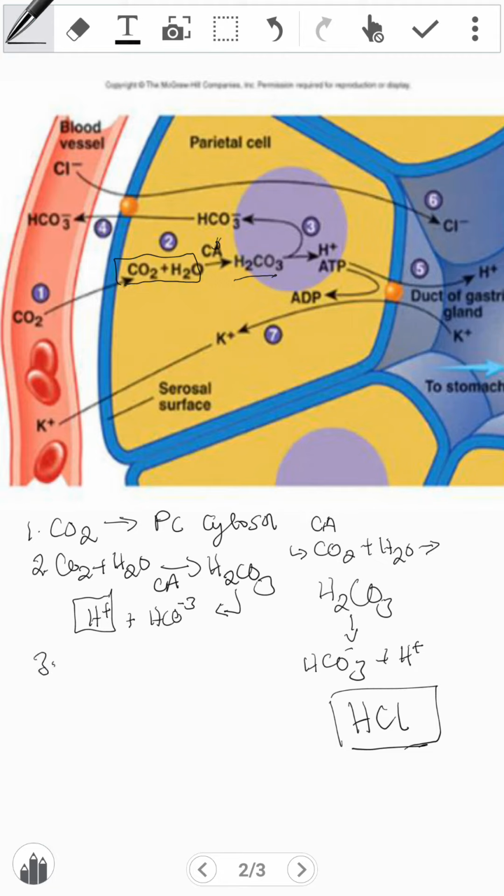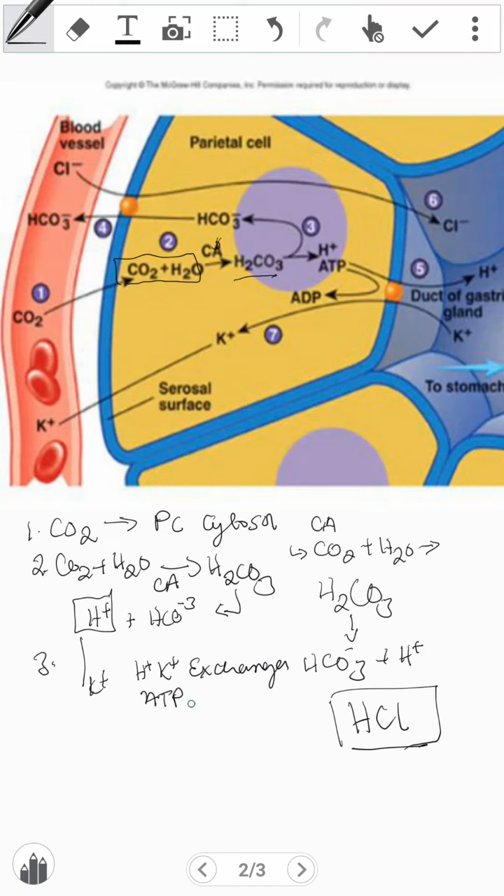So step number 3, the hydrogen is exchanged for potassium. So we have a hydrogen-potassium exchanger. Now this protein is an active pump.